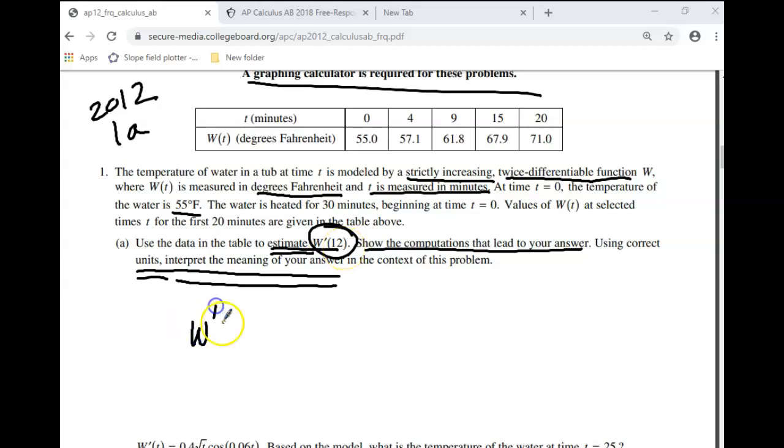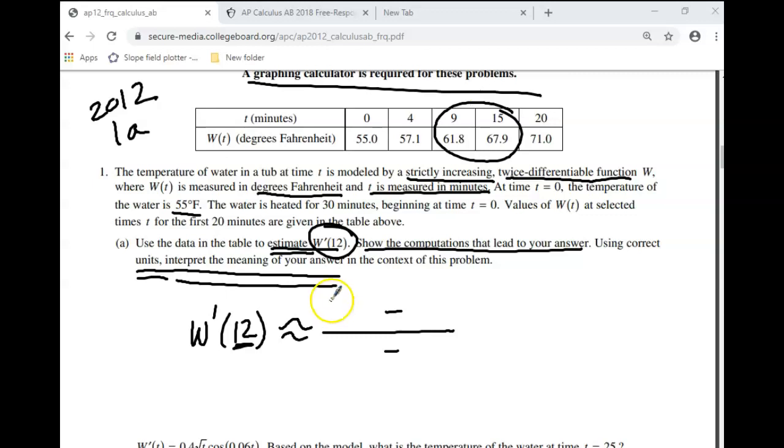Well, W prime of 12 can be estimated to be the average rate of change of the two values of t that are closest to 12. So if I look up here in t, where 12 would be somewhere in here, these are the two data points I'm going to use to estimate the instantaneous rate of change at t equals 12.